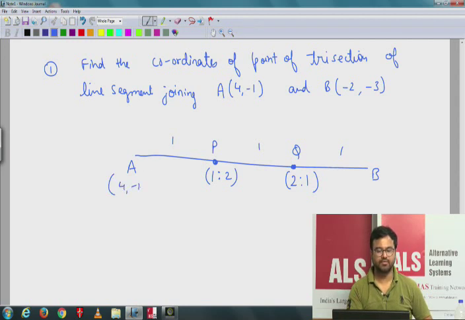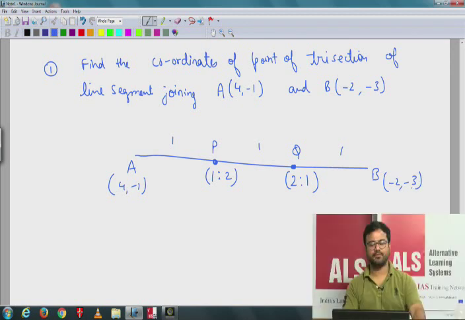You know the values for endpoints A and B. So find the coordinates of P and Q. Try this, all of you.